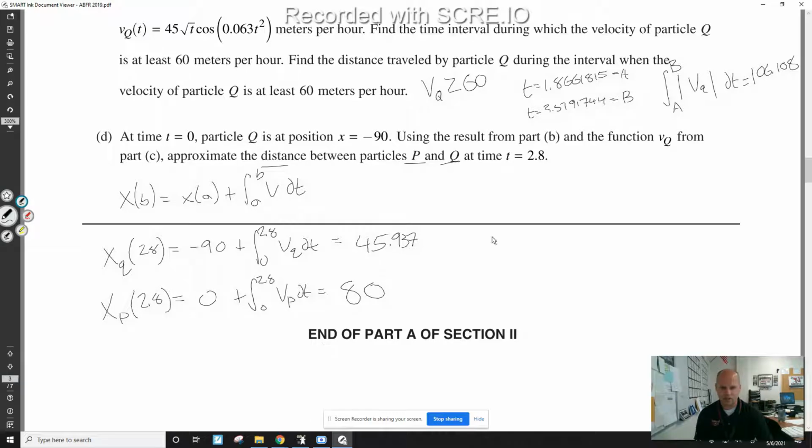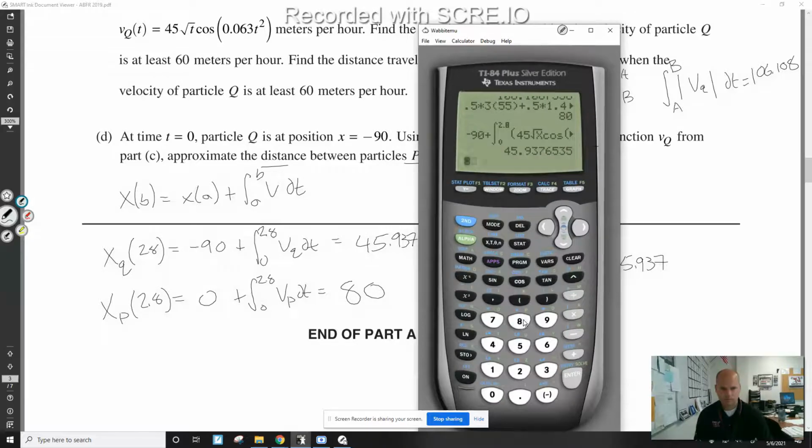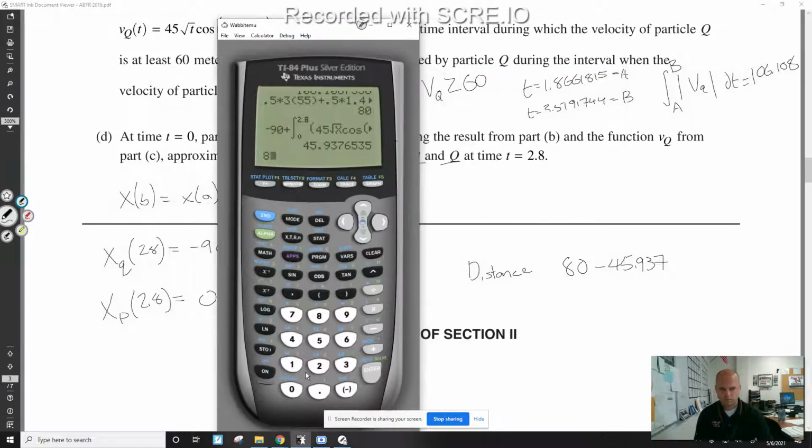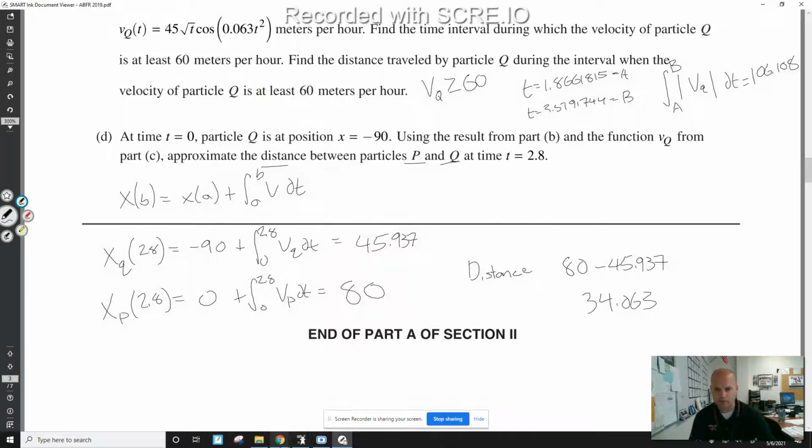What's the distance between them? Subtract the 2. Right minus left, like top minus bottom. That's how you find distance between two things. You take the positions and subtract them. You get 34.063.